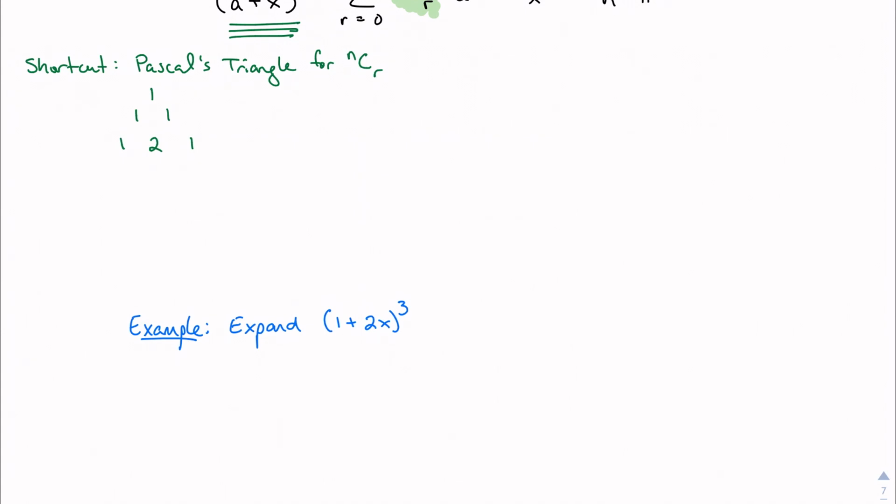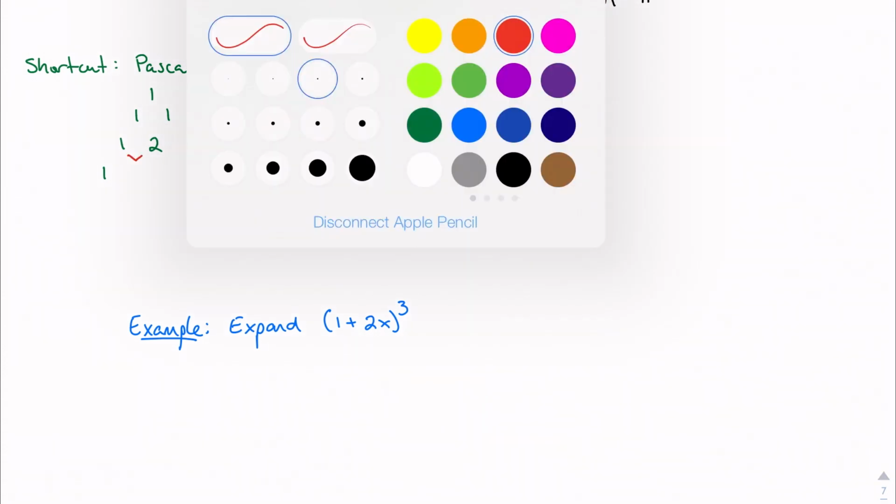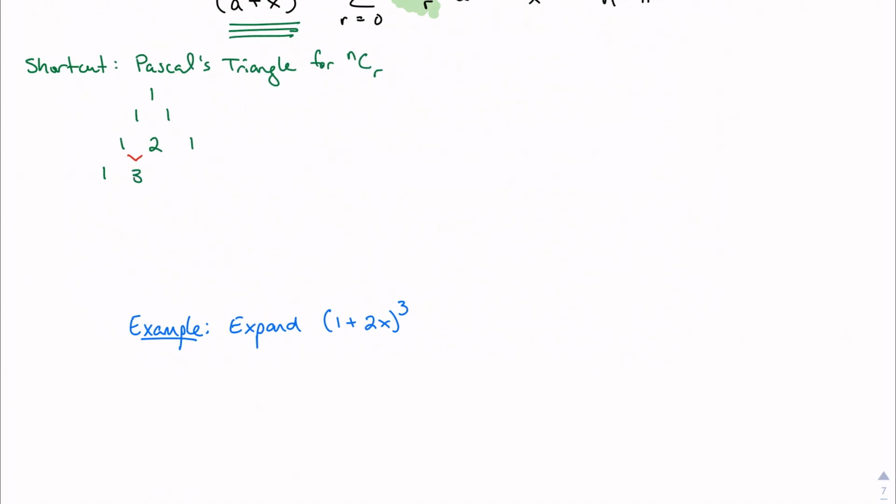Remember that my first and last term in each row is a 1, and then every subsequent term is made up by taking the 2 terms above it and adding them together. So here, 1 plus 2 is 3, 3, 1, 4, 6, 4, 1, 1, 5, 10, 10, 5, 1, etc.